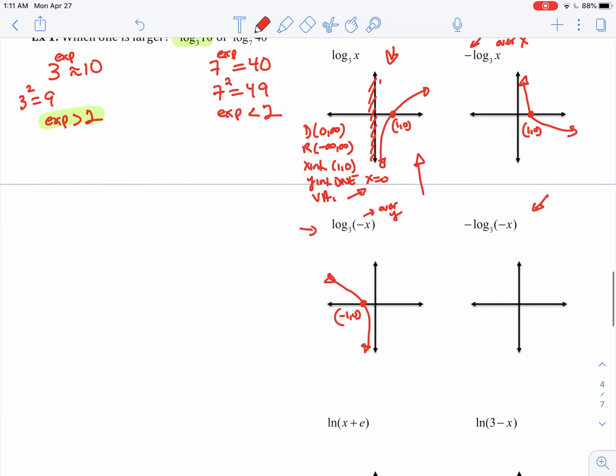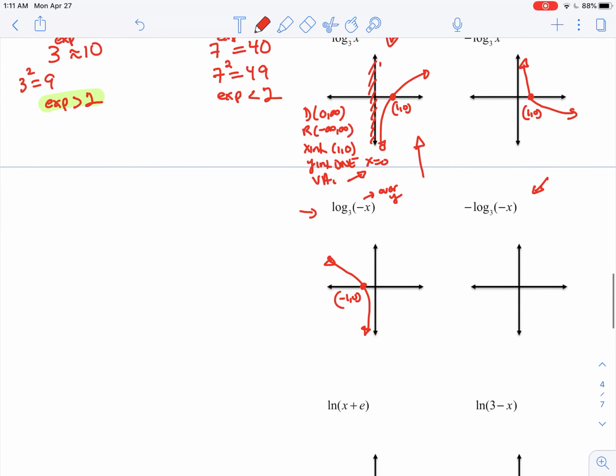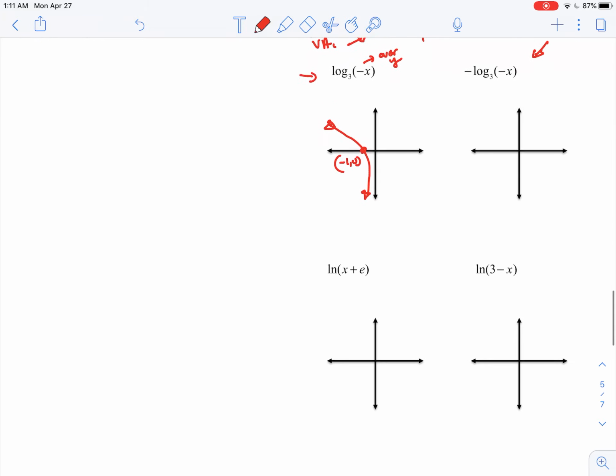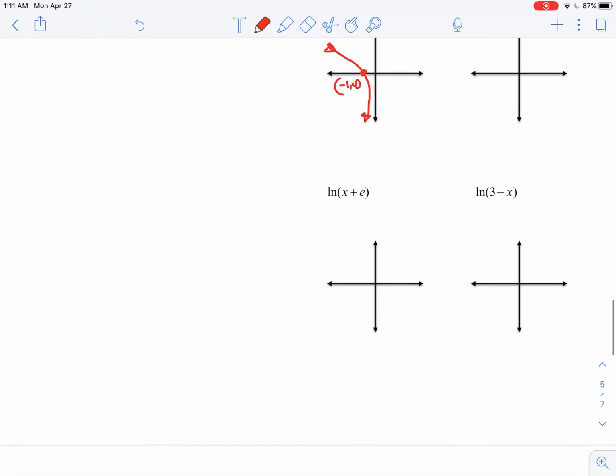I'll let you do this one afterwards, where you need to reflect over the x-axis and y-axis, and see what graph you get there.